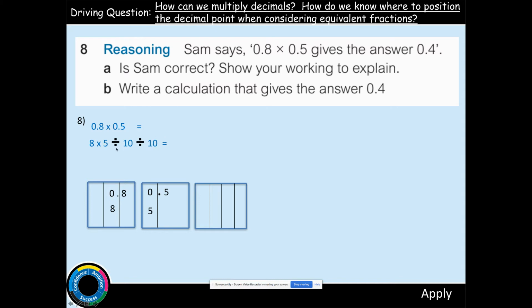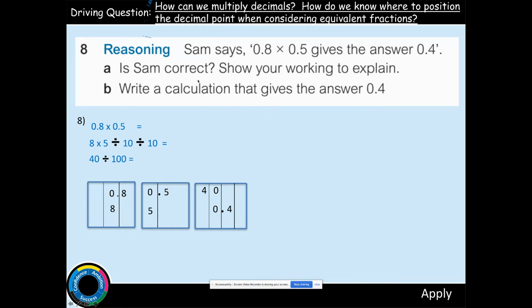So 5 times 8 is 40, divide by 100. So we have 40 in here, 1, 2 places, that's a decimal, fill up with a 0. 0.4 is our answer. And then we need to say, Sam is correct. That's the question. Is Sam correct? So you need to say yes, he is, or no, he's not.